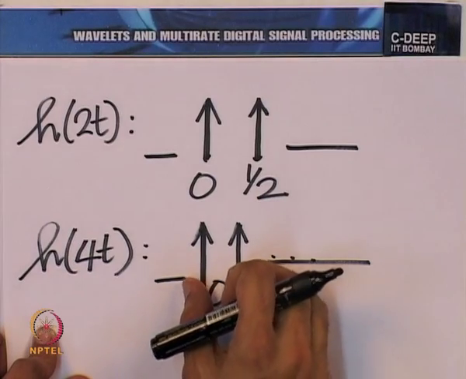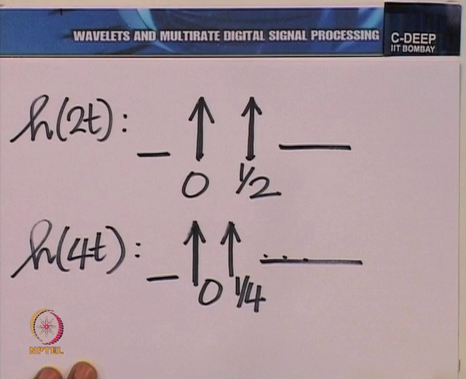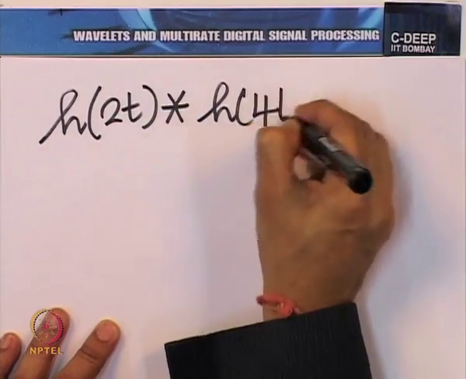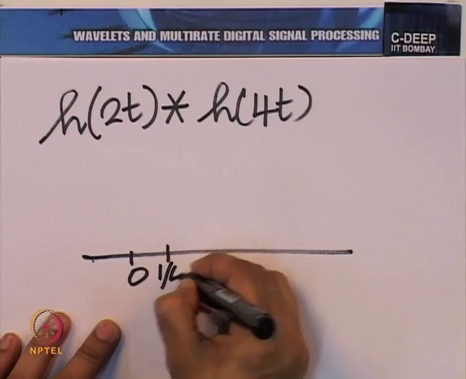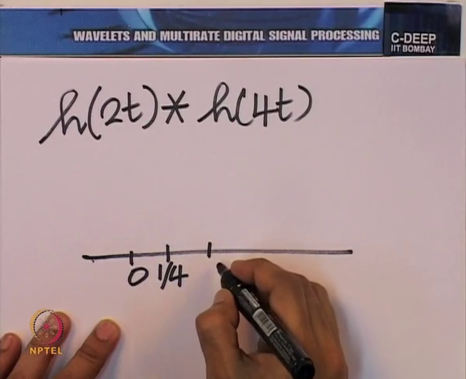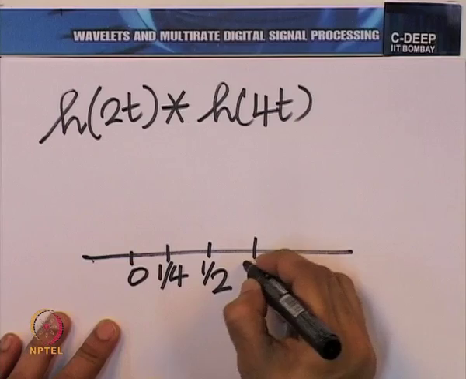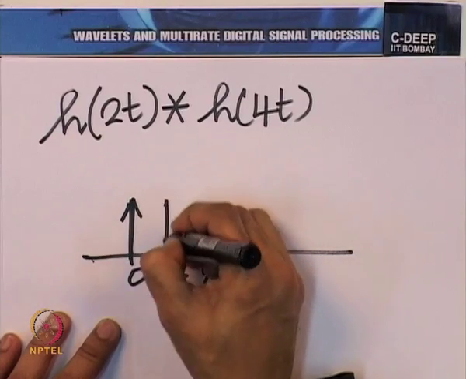When you convolve h of 4t with this impulse located at half, it simply shifts this function to lie at half. So, in effect, when you have h of 2t convolved with h of 4t, you get something like this. You get an impulse located at 0, 1/4, half, and half plus 1/4, which is 3/4. So, you get impulses here.